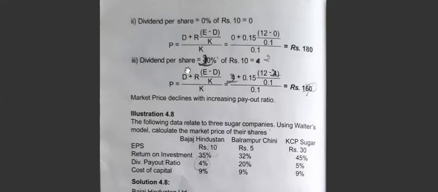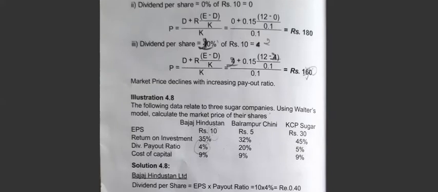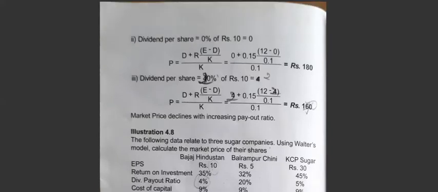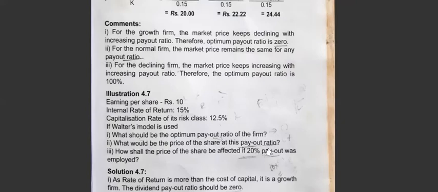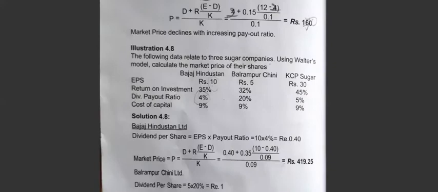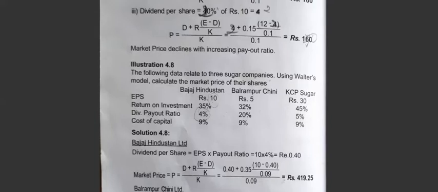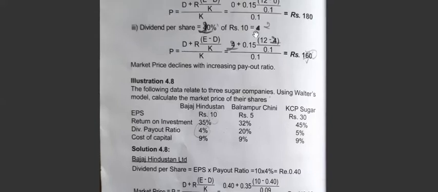Now, when the dividend is 20%. What is the question here? 20% payout was employed. Payout means it is on the face value, that is face value 10 rupees. 20% on 10 rupees.